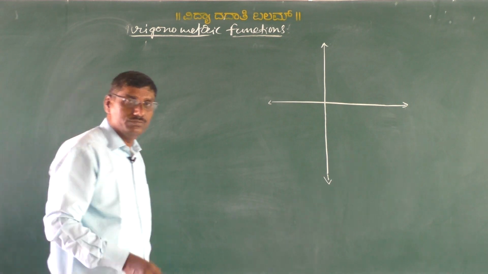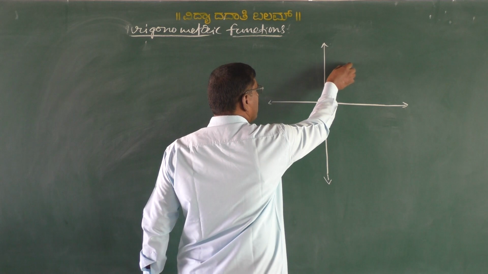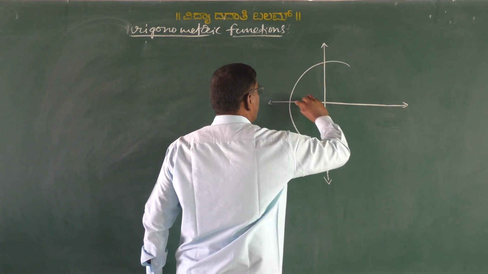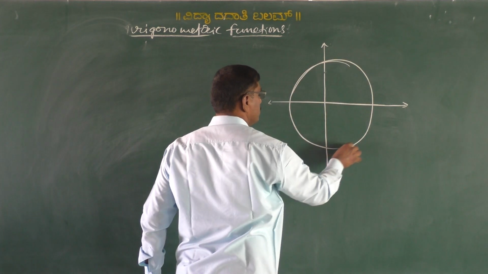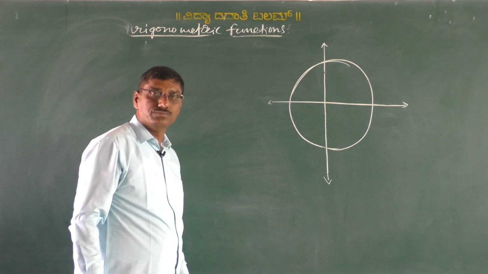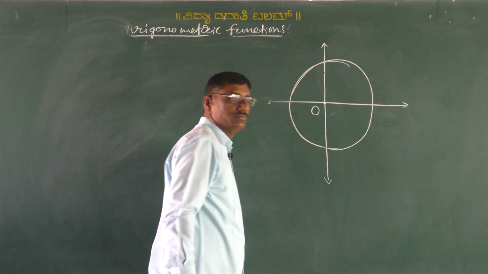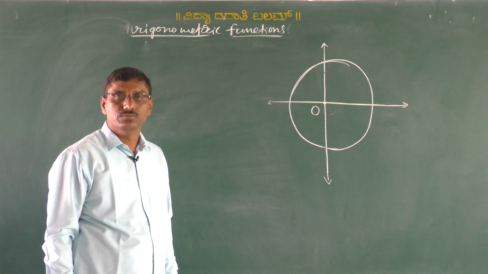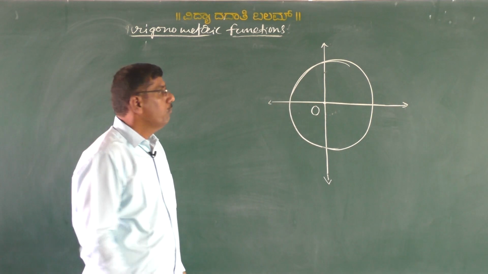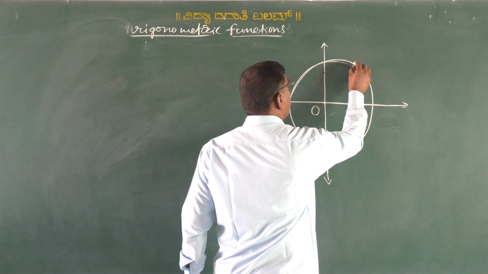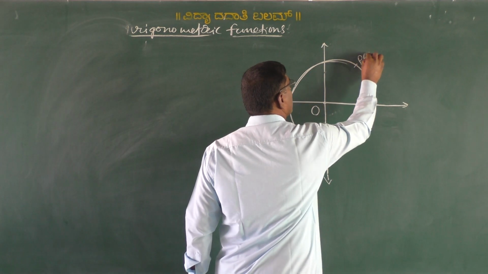Are you understood? Draw a circle with center origin, that is O. Mark a point P of x comma y.